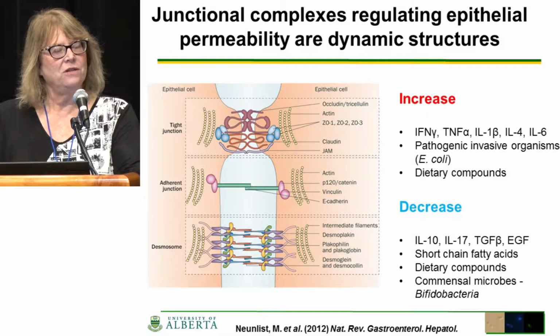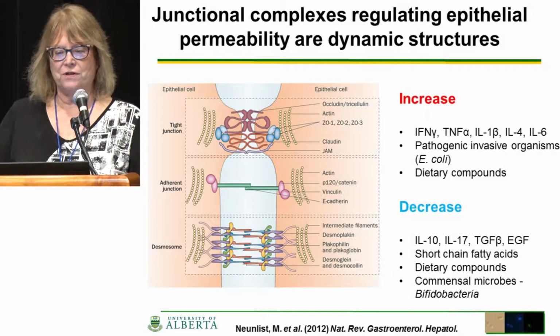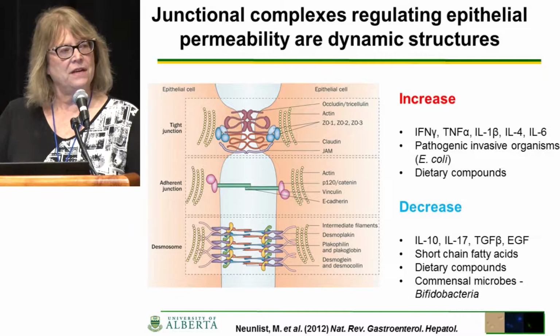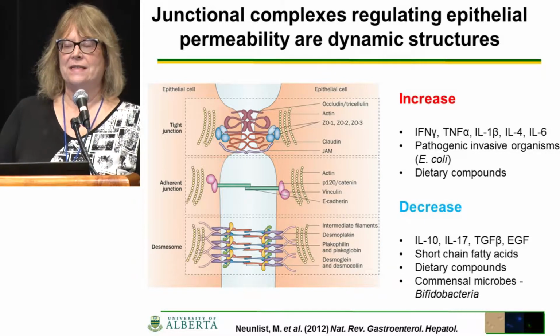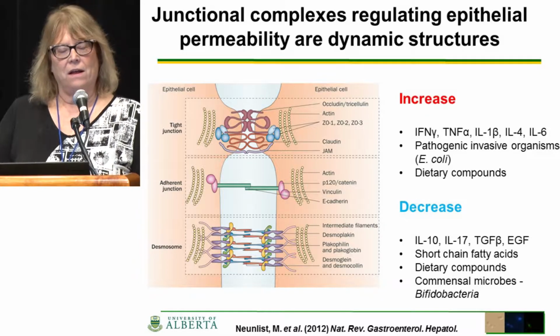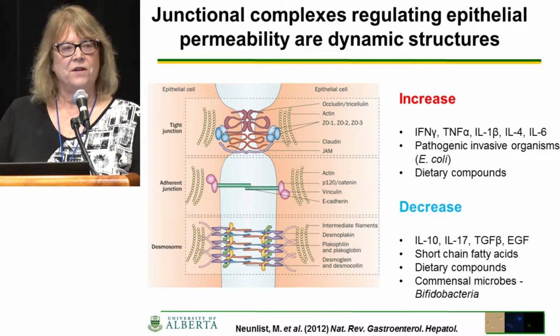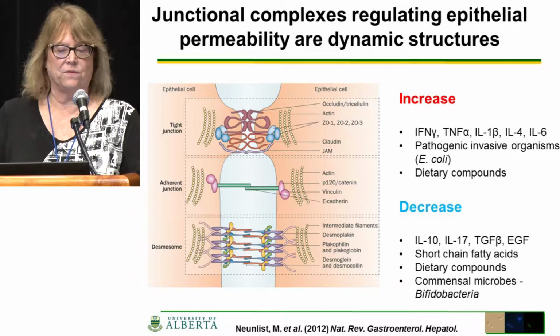And if you look at the junctional complexes, these are highly, highly dynamic structures. The tight junctions, the adherent junctions, and the desmosomes, these things are regulated on a second-to-second basis. A lot of things can increase permeability, things like interferon, TNF, IL-1 beta, IL-4, IL-6, pathogenic invasive organisms.